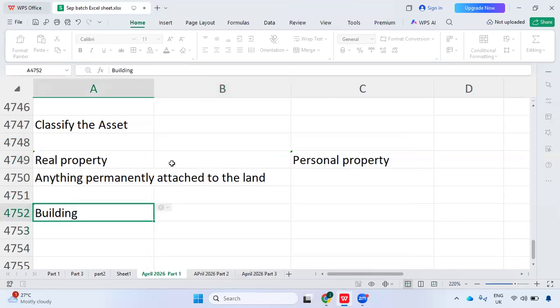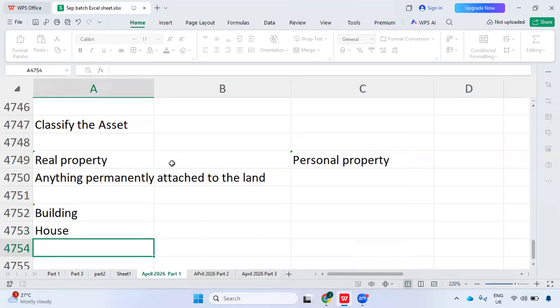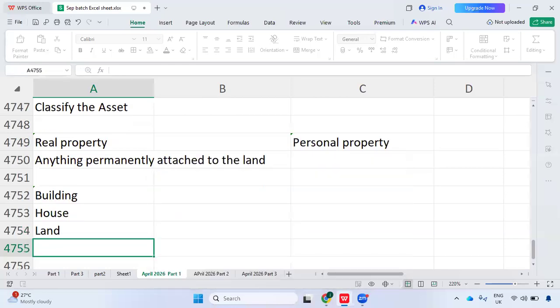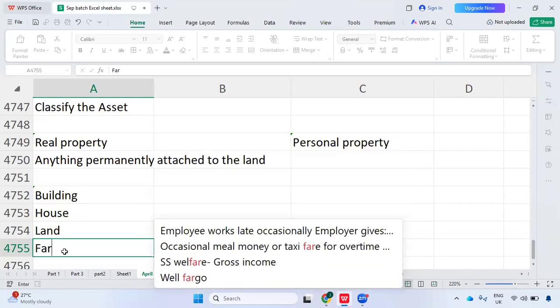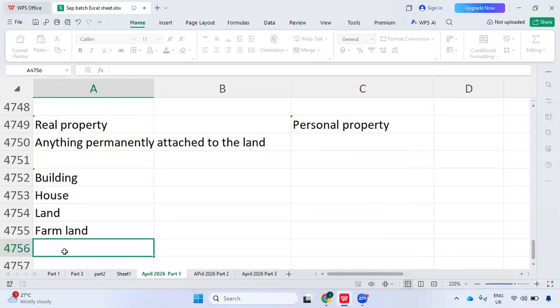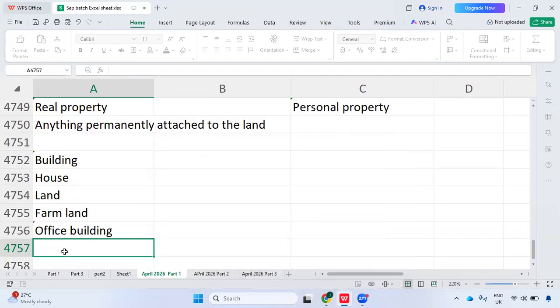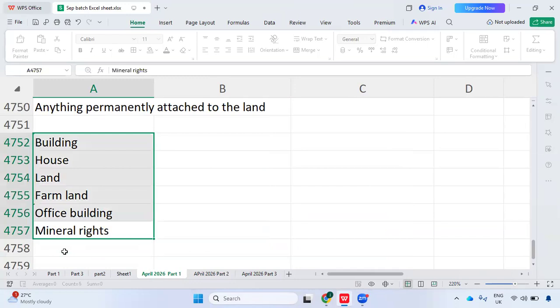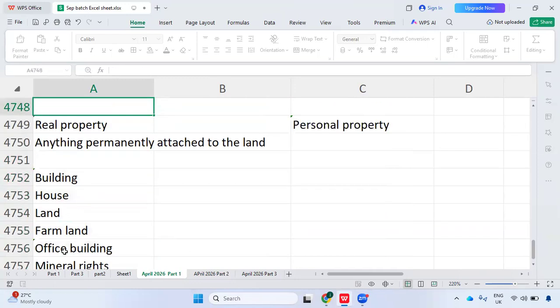A building is real property because it is attached to the land, and the land itself is real property. Anything which consists of land or building always comes under real property. Farmland, farming related land, also comes under real property, as does any office building and any mineral rights, which are attached to the land. So these are real properties.